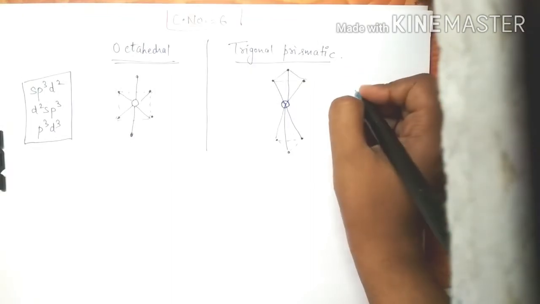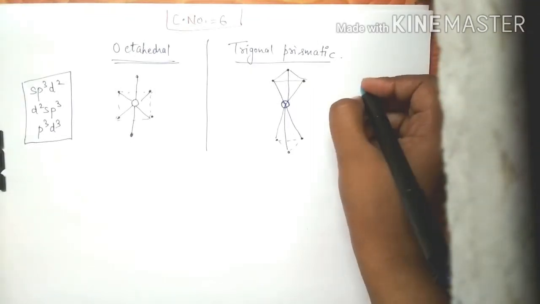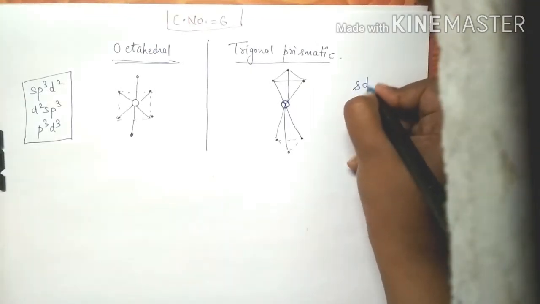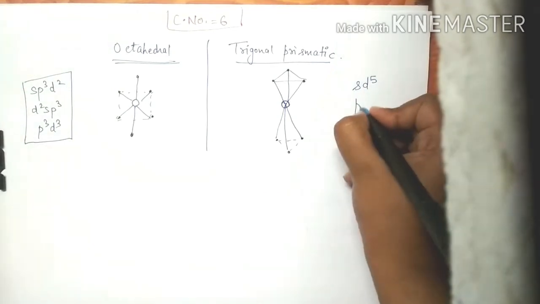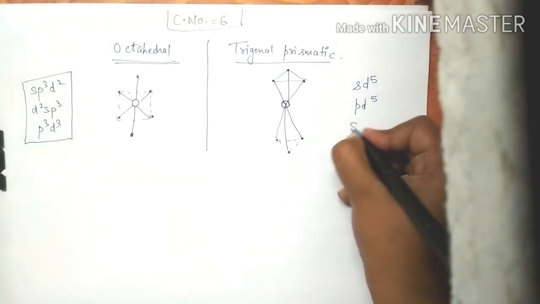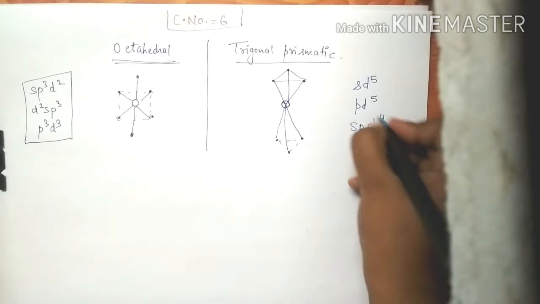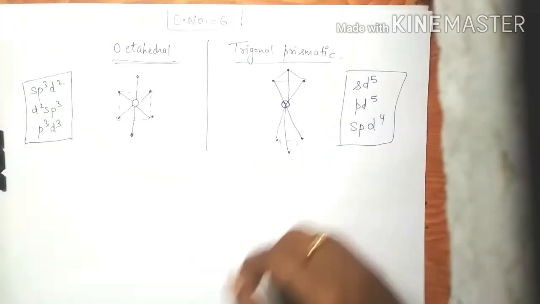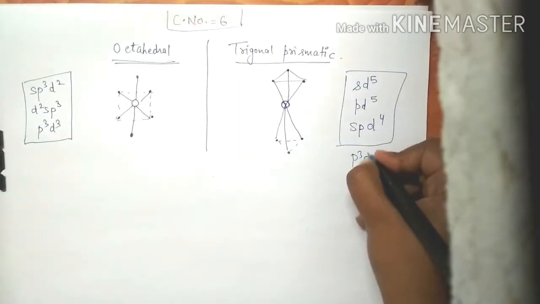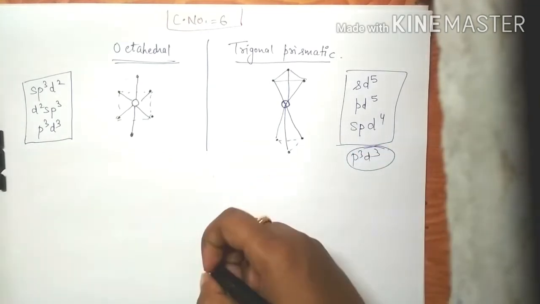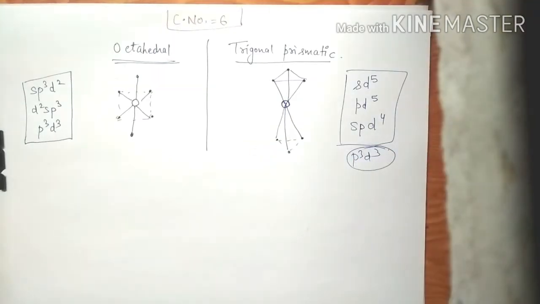For trigonal prismatic geometry, the hybridizations could be sd5, pd5, or spd4. Sometimes p3d3 also shows trigonal prismatic geometry, in very rare cases.